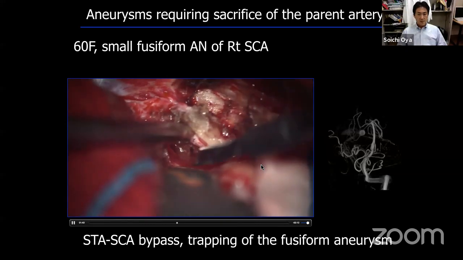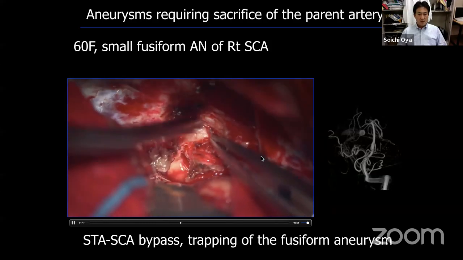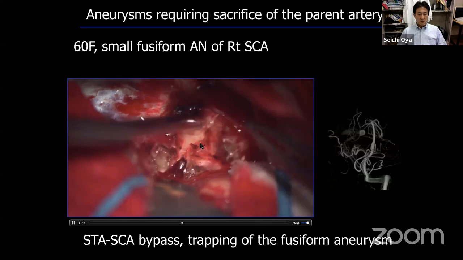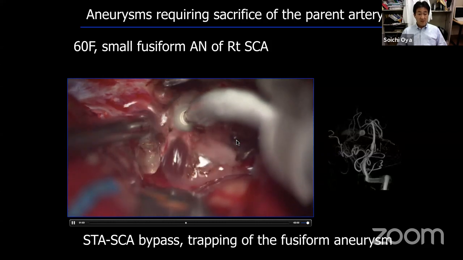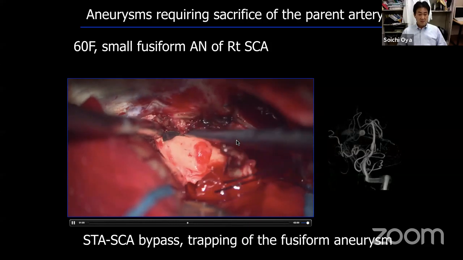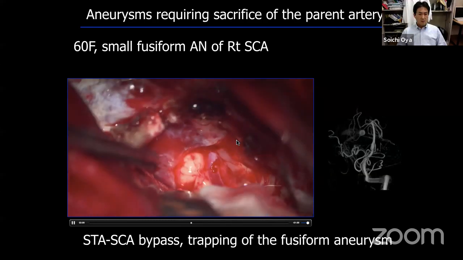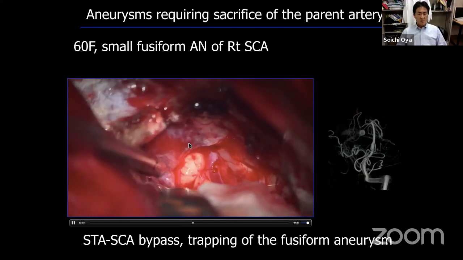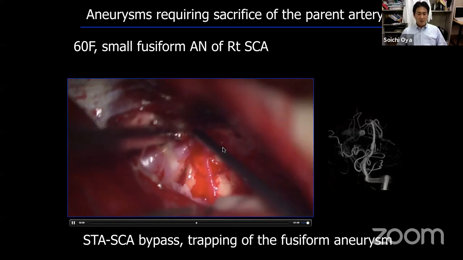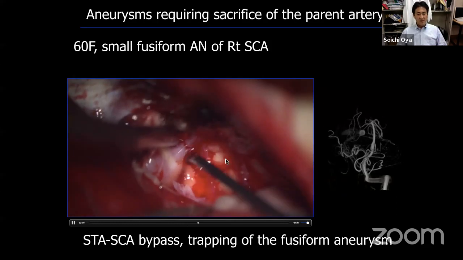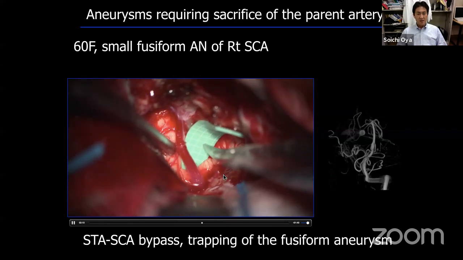Next, I cut the tentorium a little bit more, and I drilled the last tip of the petrous apex. As you see here, by drilling the petrous apex, I could obtain ample space for making an anastomosis.